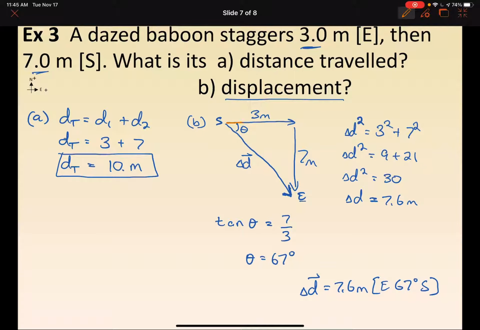I went east first, so east comes first. I went south second, so south comes second. You could also say that the 67 degrees right here touches east, so east comes first, south comes second. Okay, so that's how we kind of write those directions in there.